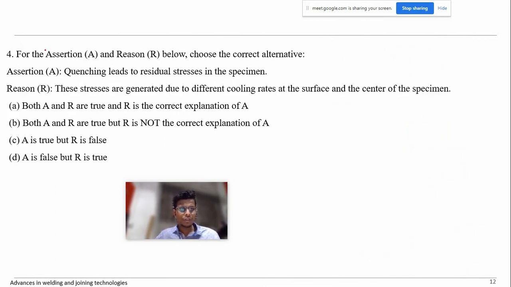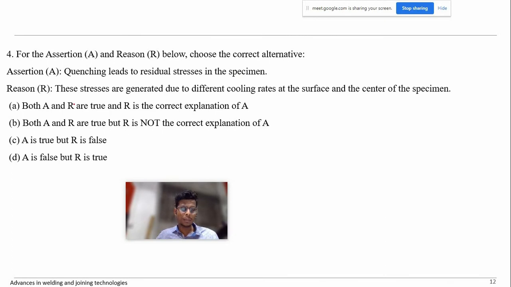And the next question given is: for the assertion A and the reason R below, choose the correct alternative. If you guys know the answer, please comment it in the chat box. Quenching leads to residual stress in the specimen, obviously. Because if the cooling rate is more, the temperature difference between the weld pool and the region away from it, near the base plate, will be more.